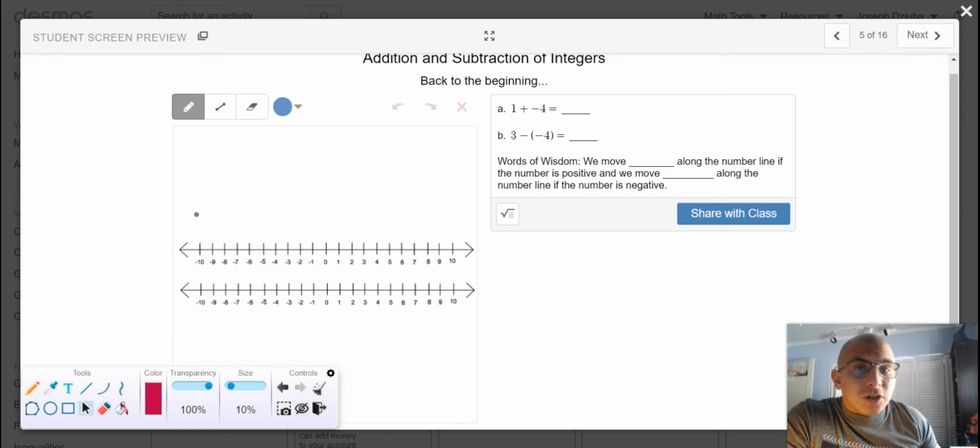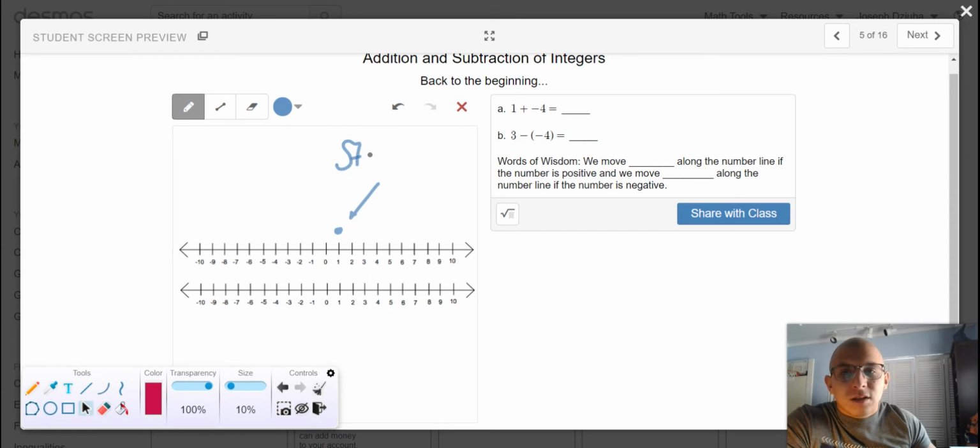Let's take our first expression, 1 plus -4. We're really sliding horizontally along the number line. If we have a positive 1 to begin, this is our starting location.